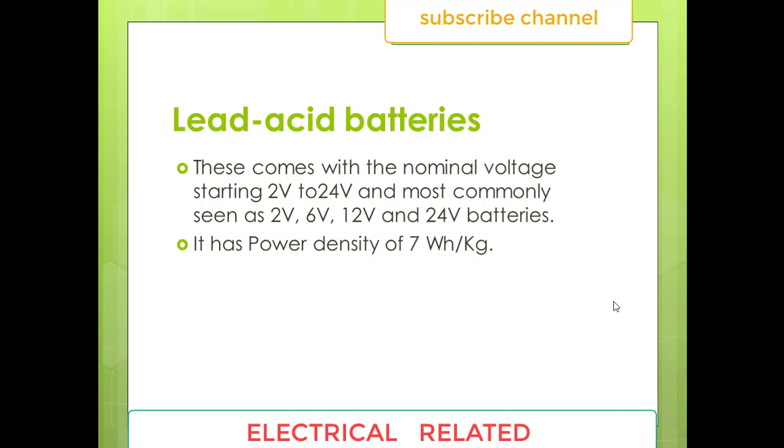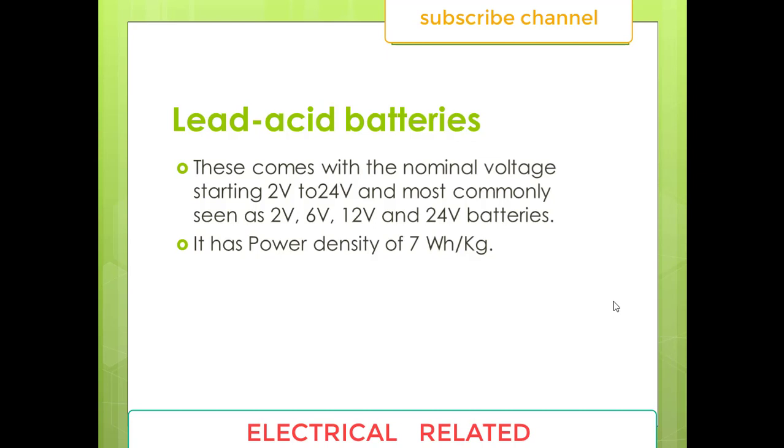And if we talk about the density of the lead acid battery, the power density is very low. Its power density is 7 watt per kg.